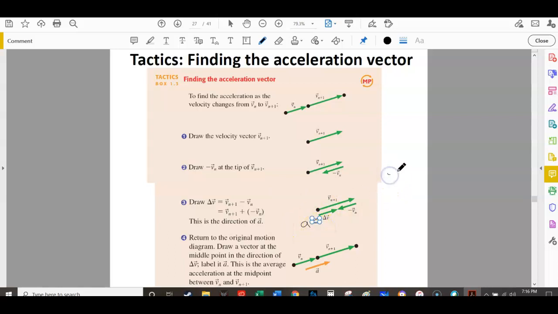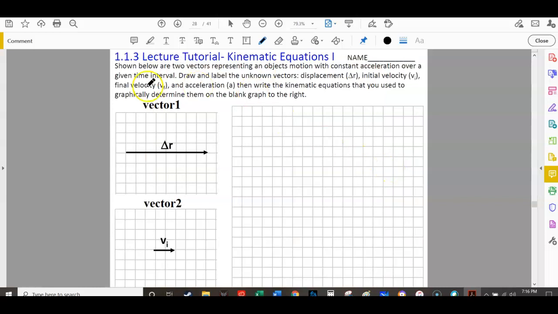So in this case, this is your change in your velocity vector, which is actually your acceleration vector. Okay. So also a part of that one worksheet that we were doing, 1.1.3, we had some problems where we're given a displacement vector, delta r, and an initial velocity vector, and we actually have to find the final velocity vector and the acceleration vector.